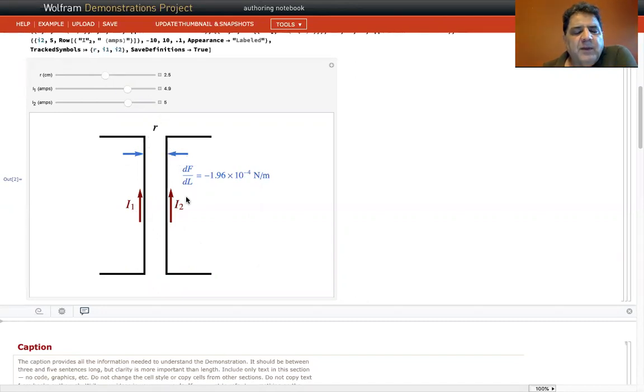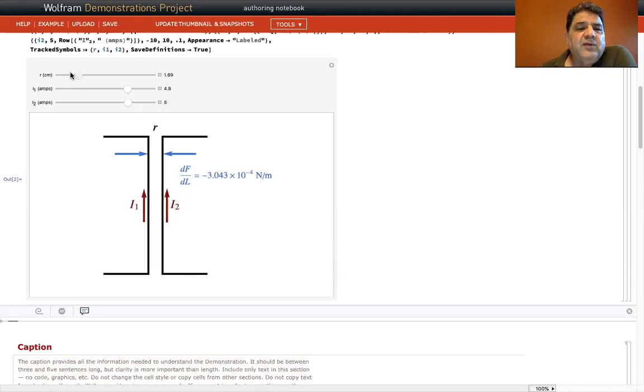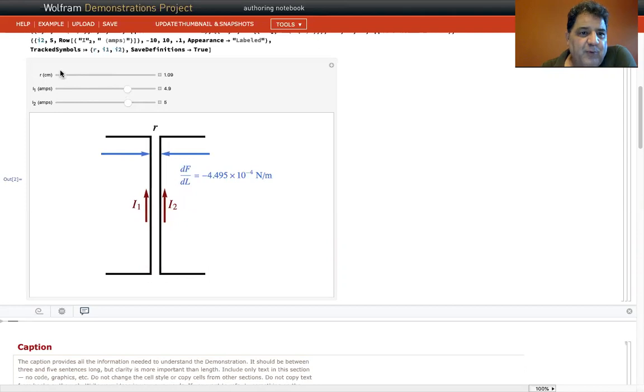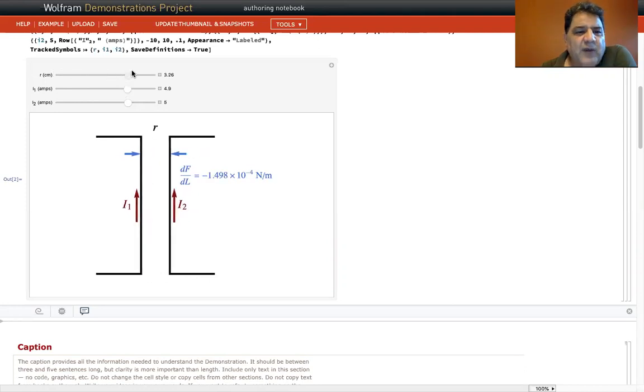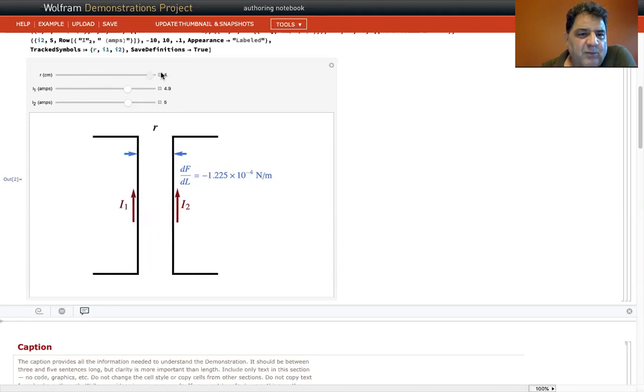So when the parallel currents are running in the same direction, the force on the wires is towards one another. As we decrease the radius separating the two, the force gets bigger. As we increase the radius, the force gets smaller.